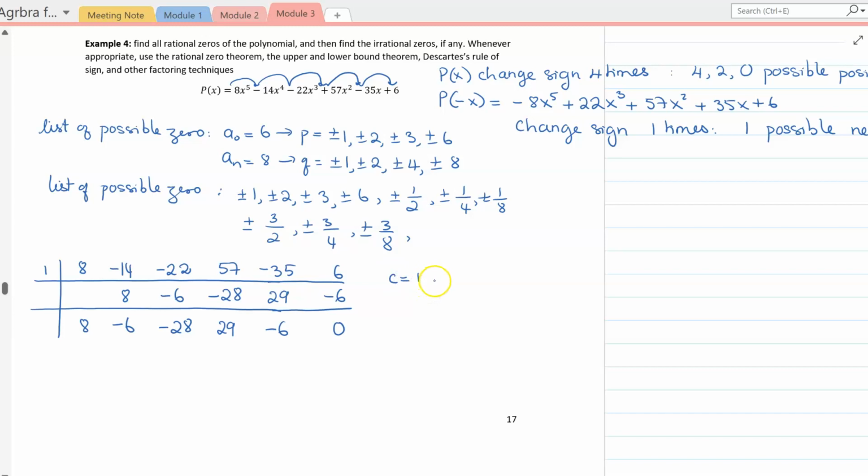This means that x minus 1 is a factor of p of x.